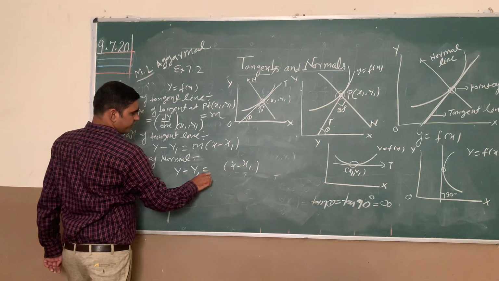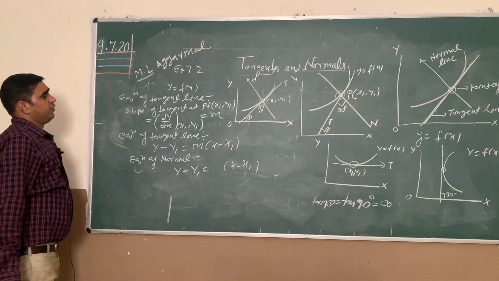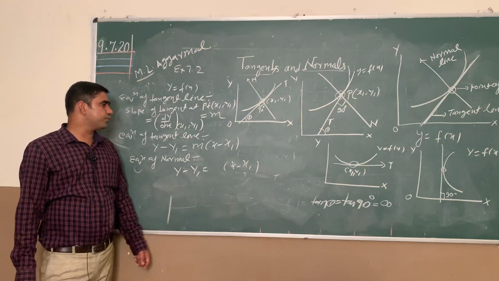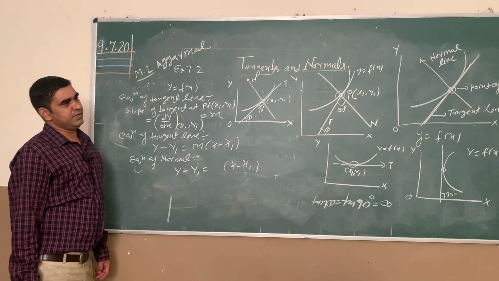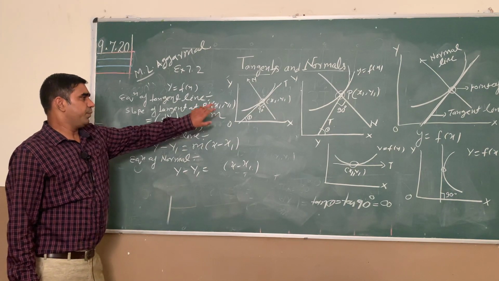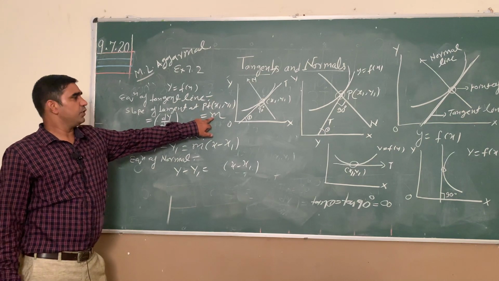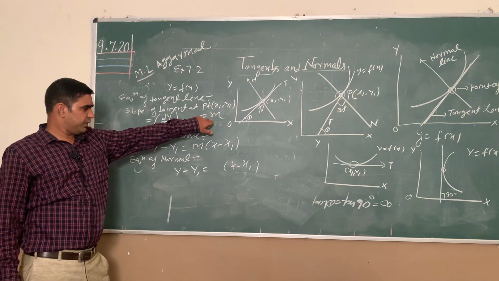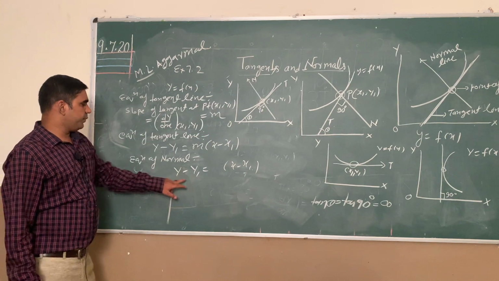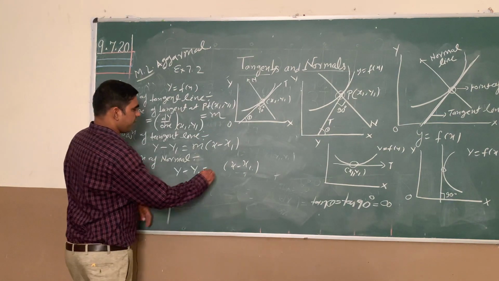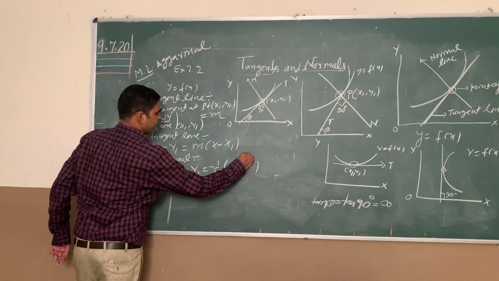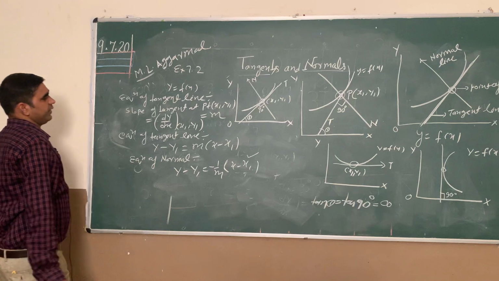There is a relation between the slope of the normal and the slope of the tangent: the slope of the normal is the negative reciprocal of the slope of the tangent. Here the slope of the tangent is m, so the negative reciprocal is minus 1 upon m. So the equation of the normal will be y minus y1 equals minus 1 upon m times x minus x1. This one is the equation of the normal.